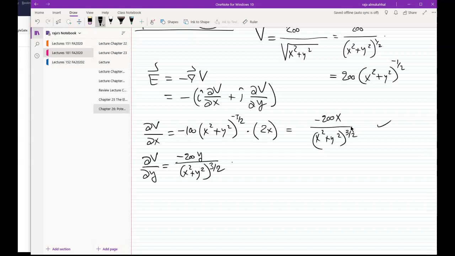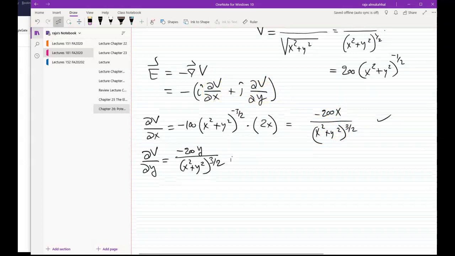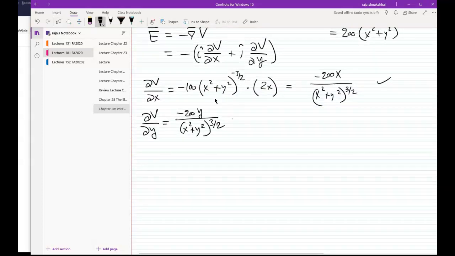Now he says, what is the electric field? Well, the electric field is this. This is the formula. So all I need to do is to take those two quantities and plug them right here. Got it? So now the electric field is going to look like this as a vector. Don't forget the minus. I already have a minus here, and I have a minus here.